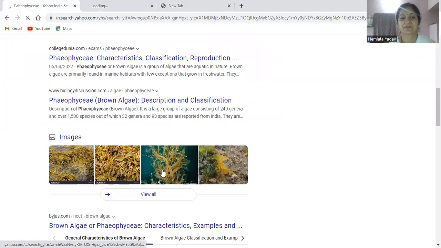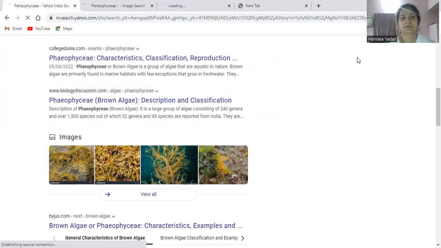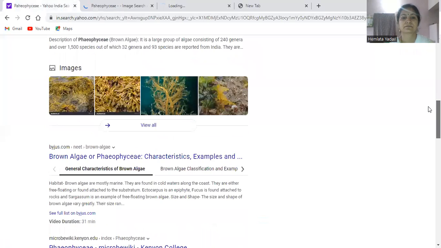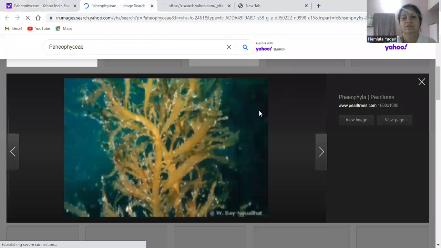These are mostly marine, and you can see the Phaeophyceae image. These are brown in color.